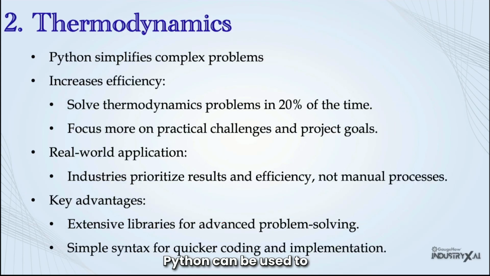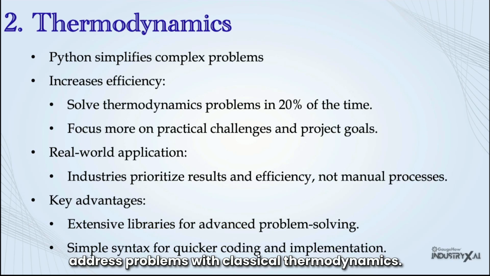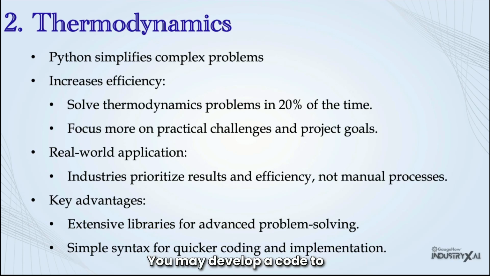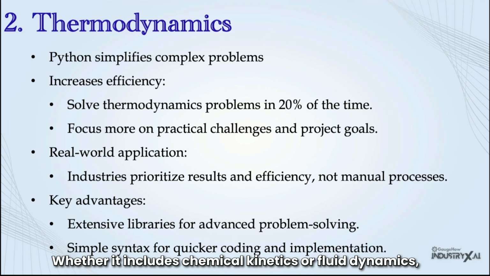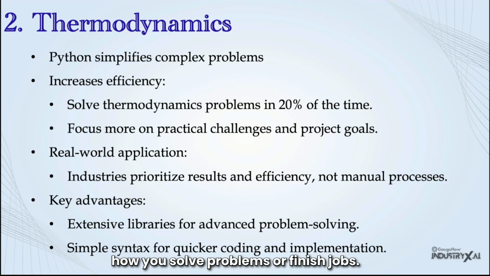Python can be used to address problems in classical thermodynamics. You may develop a code to solve your problem and save time, whether it includes chemical kinetics or fluid dynamics. Industries in the real world are unconcerned about how you solve problems or finish jobs.